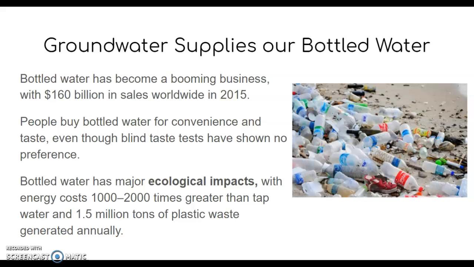That plastic is not biodegradable, meaning that it will not break down in landfills. So if you're tossing your water bottles into a trash can instead of recycling them, it can do a lot of environmental damage. We're overpumping to supply the demand for water bottles, and it's also creating issues in our environment because it's not biodegradable.